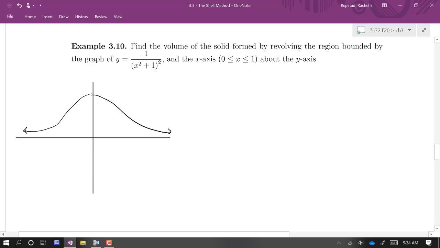Now, they said only look at this region bounded by this curve and the x-axis from 0 to 1. So our region basically looks like this.